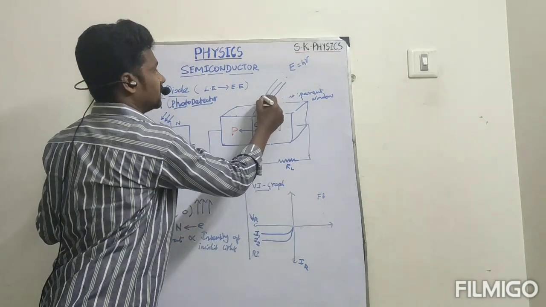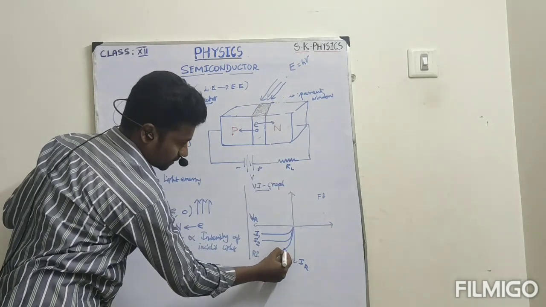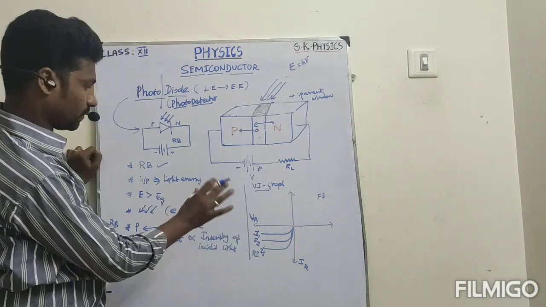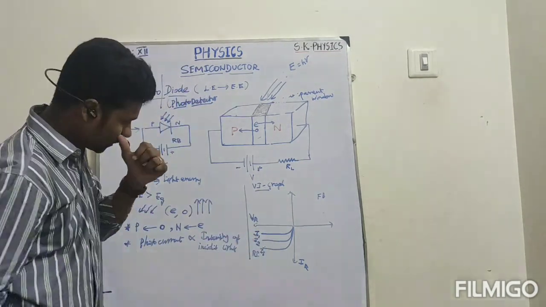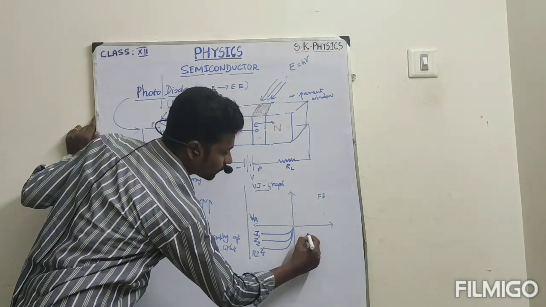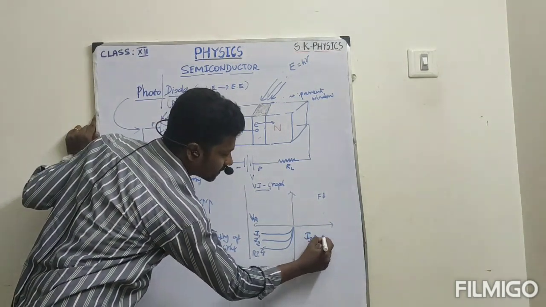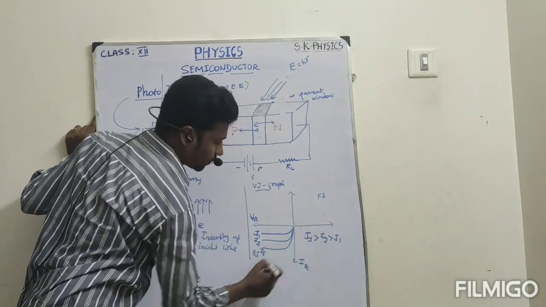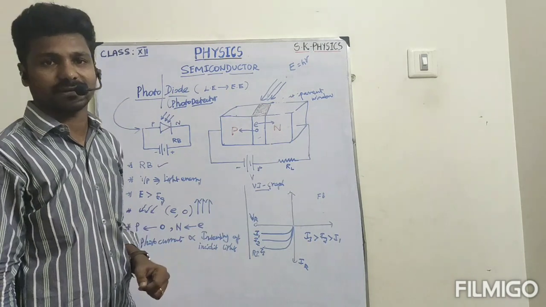Again increasing the intensity, it is like I3. If you observe, I1, I2, I3 are not currents, they are intensities. So I3 is greater than I2, and I2 is greater than I1. This is the nature of the graph.